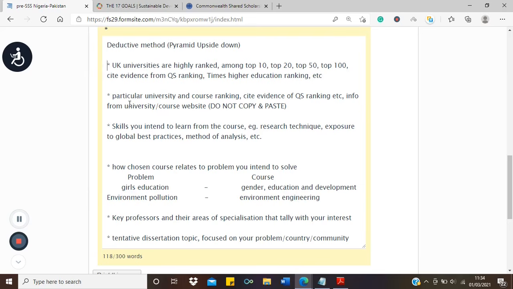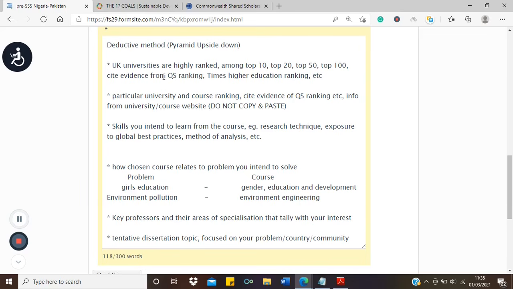Talk about UK universities, their high rankings. That UK universities constitute the top 10, top 20, top 50, top 100, depending on which one you want to choose, and cite evidence from things like the QS ranking, things like the Times Higher Education ranking. There are several university rankings out there of global universities to show that UK universities are among the top universities in the world.